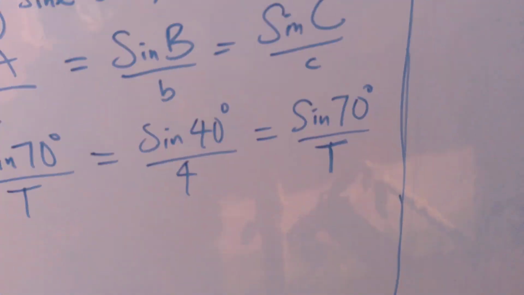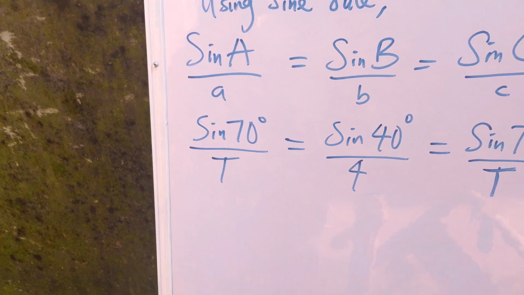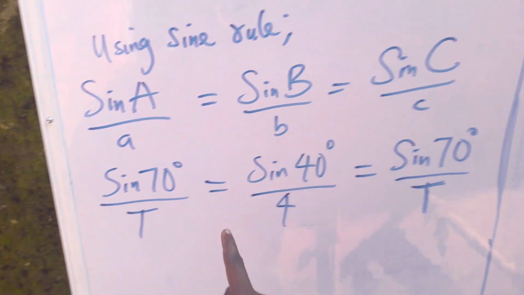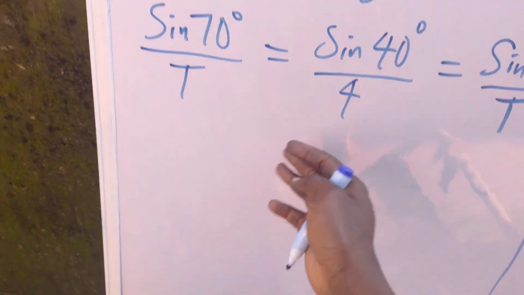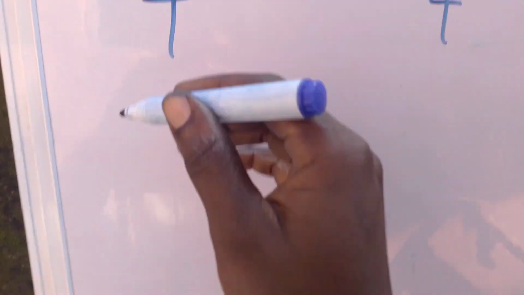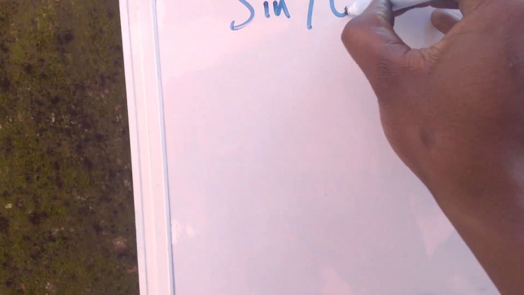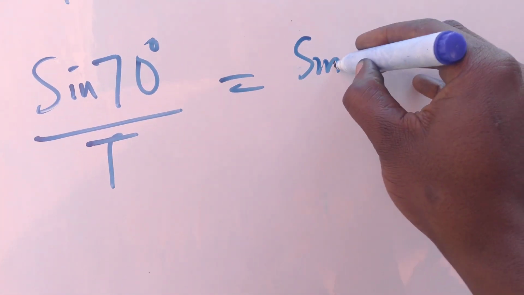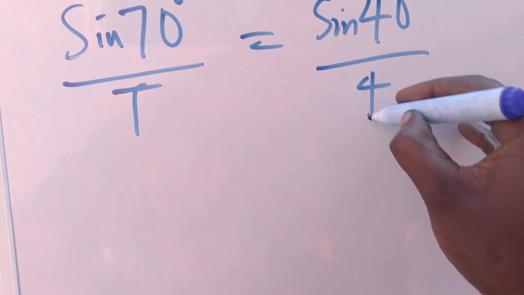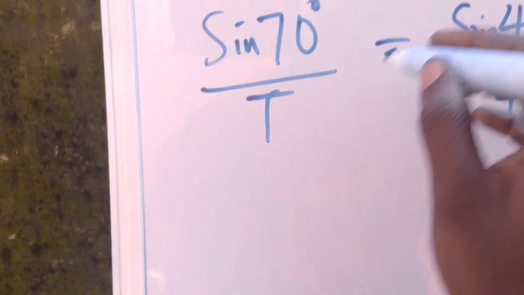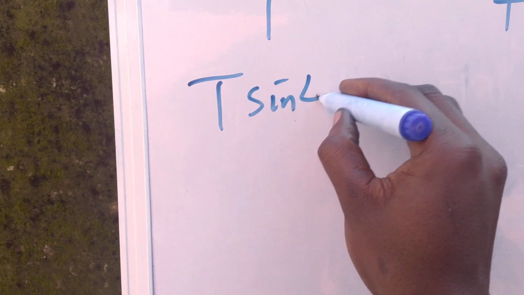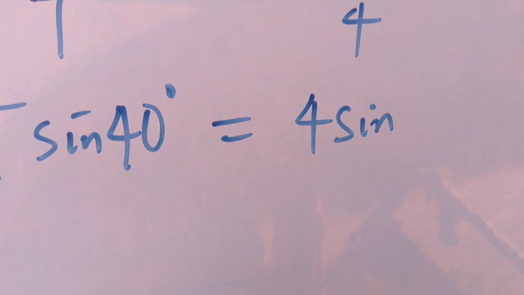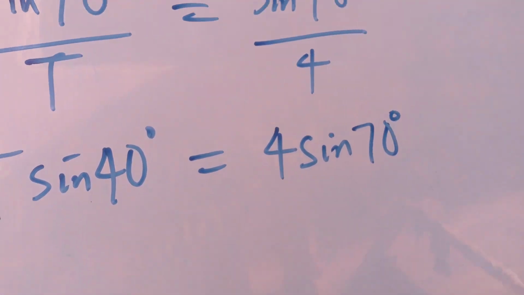Okay, so I have sine 70 over T equals sine 40 over 4. Now you see that these two are similar, so just take one of them. My comparison is sine 70 degrees over T equals sine 40 degrees over 4. If I cross multiply, I have T sine 40 degrees equals 4 sine 70 degrees.